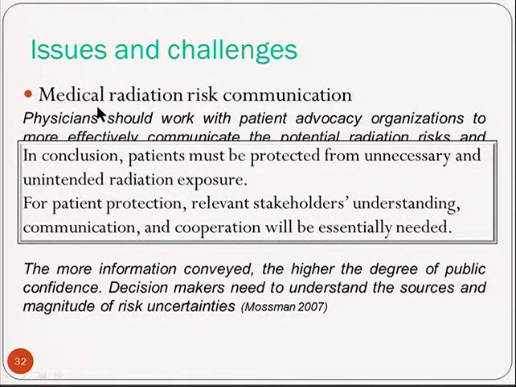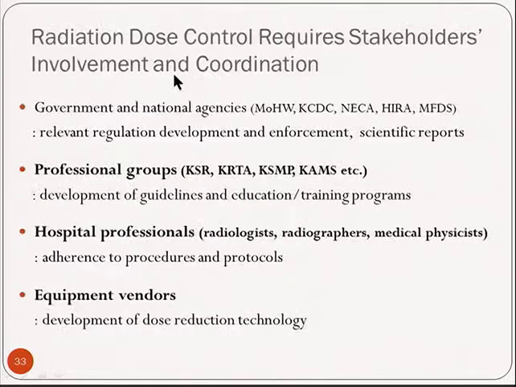So, the conclusion: patients must be protected from unnecessary and unintended radiation exposure. And for patient protection, relevant stakeholders' understanding, communication, and cooperation are essentially needed. So radiation dose control requires stakeholders' involvement and coordination.